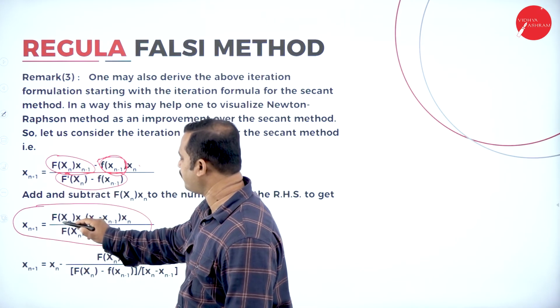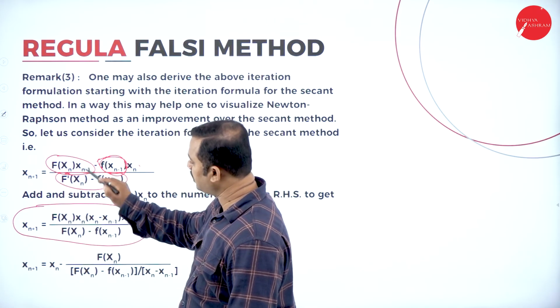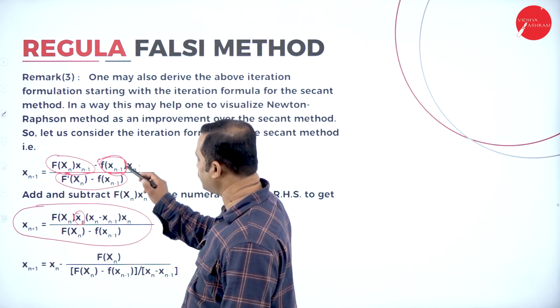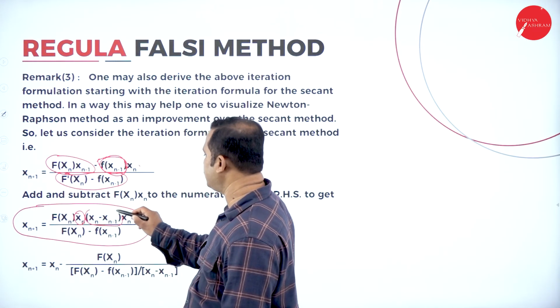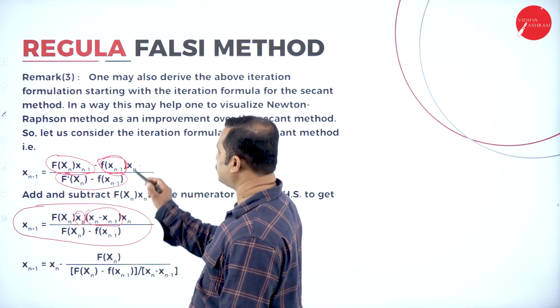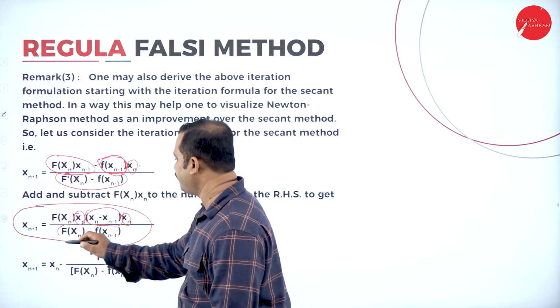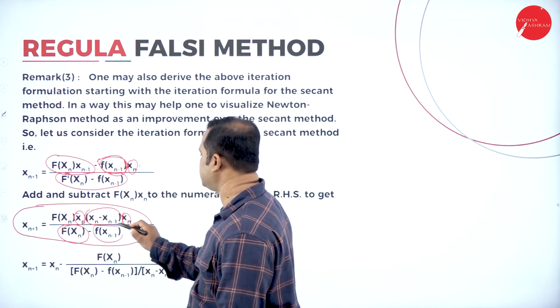The same term f(x_n) x_{n-1}, earlier it has become x_n now. The x_n is the same as it is here. We are further simplifying this: f(x_n) - f(x_{n-1}).